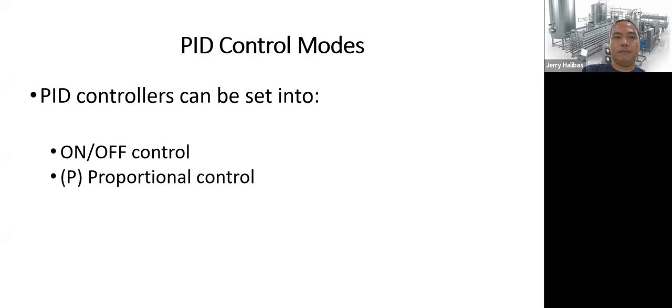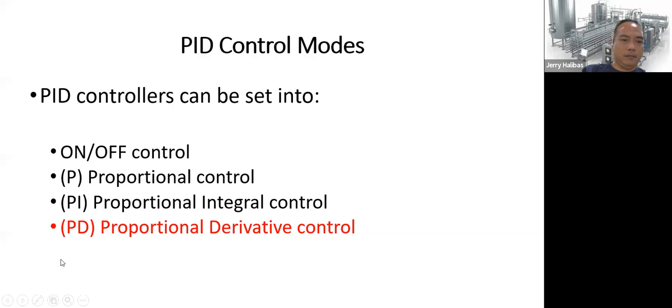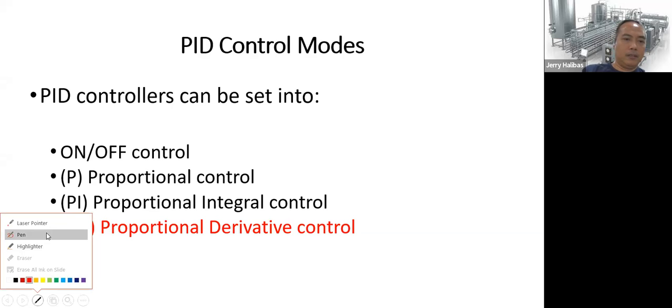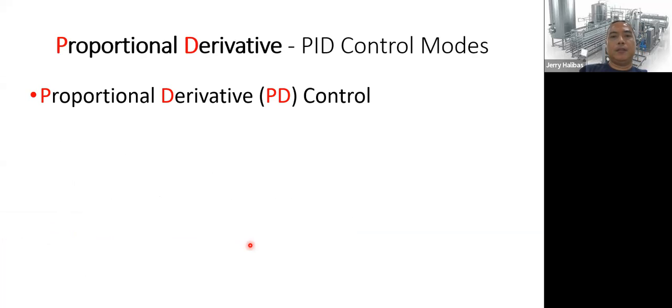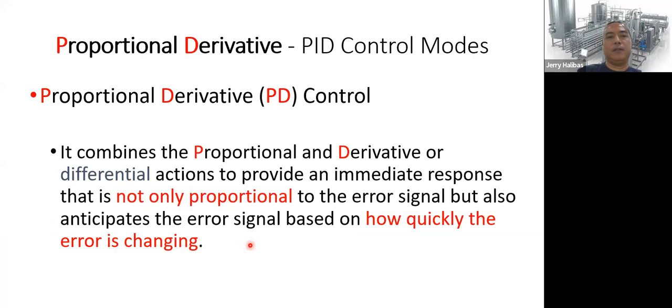Share the screen. So let me share it. Okay, so we are now in this proportional derivative control or differential control. So what is a proportional derivative or proportional differential control?